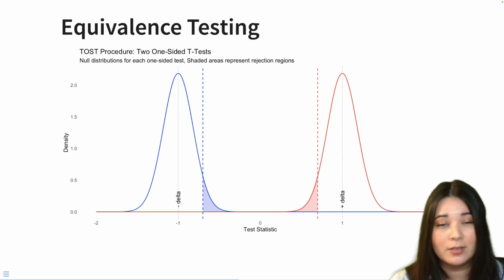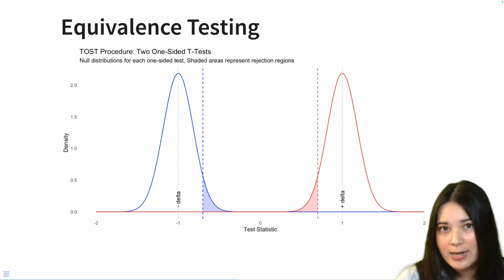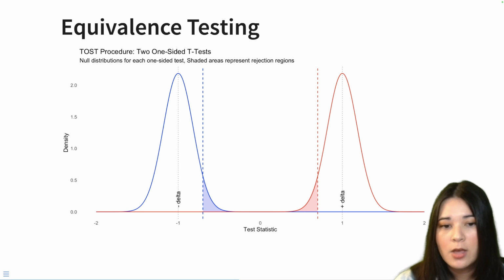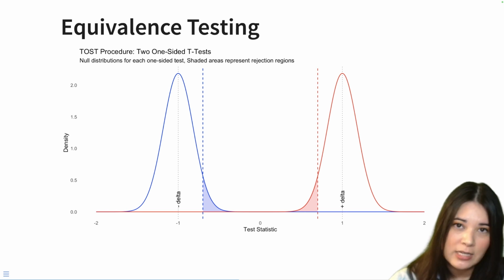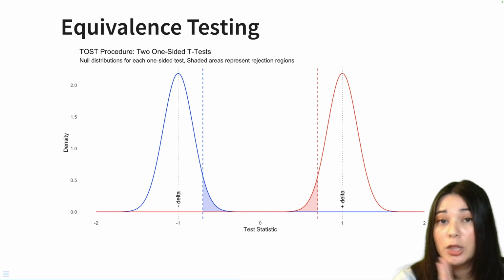Let's focus on the left-hand blue distribution. This is going to be the first t-test that we do. Remember, a one-sided test basically only rejects values that are extreme in one direction. So here, we're essentially testing against the null that our effect is the lower bound of our interval null, -1.